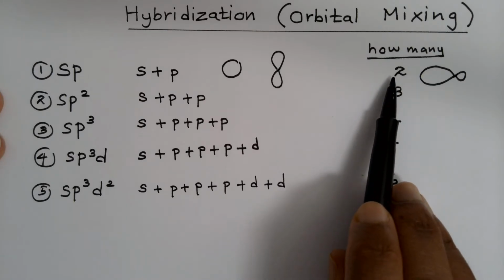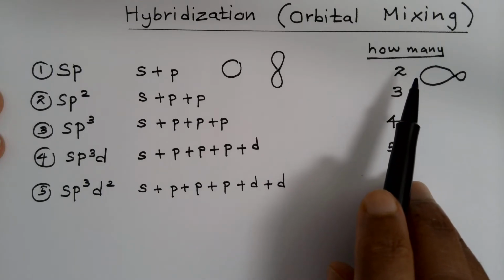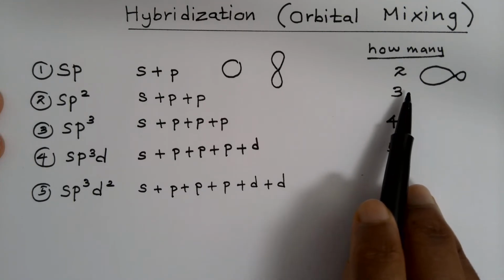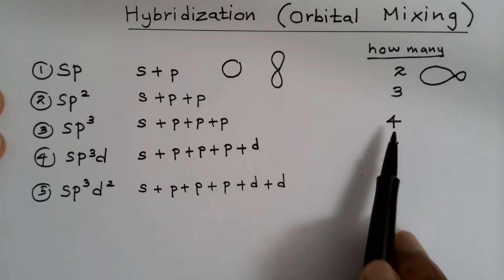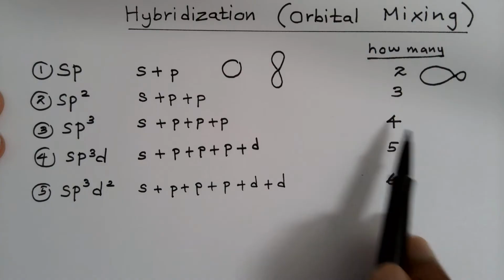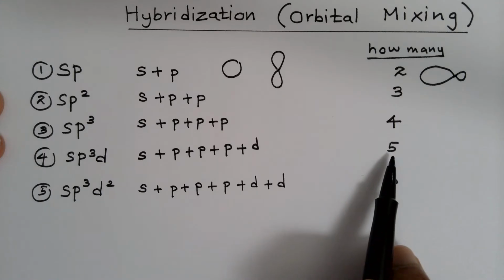It is related to molecules containing two bonds, like BeCl2, beryllium chloride. sp2 means 3 hybridized orbitals can overlap with 3 atomic orbitals to make trigonal planar geometry, like BF3, BCl3. sp3 means we can make 4 bonds, with 4 hybridized orbitals overlapping with 4 atomic orbitals, giving tetrahedral geometry like CH4, methane. sp3d means 5 hybridized orbitals can overlap with 5 atomic orbitals, so it can form 5 bonds like PCl5, with trigonal bipyramidal geometry.